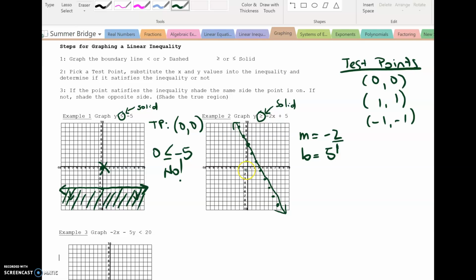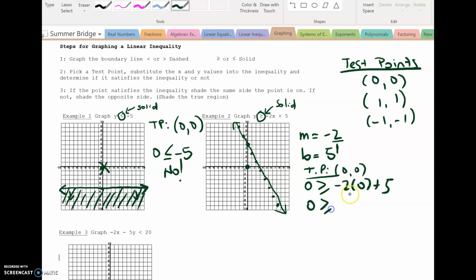And now we're going to pick a test value. Again, one of my favorite test values to pick is (0, 0) because it usually goes on one side or the other and it's easy to plug in. So my test point is going to be (0, 0). So 0 has to be greater than or equal to -2 times 0 plus 5.